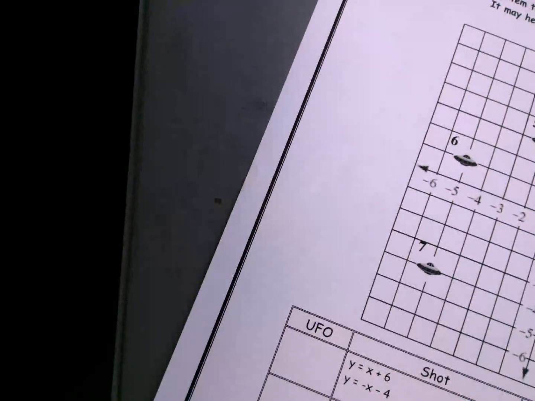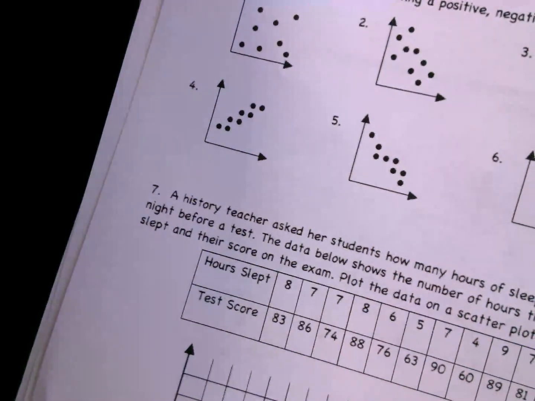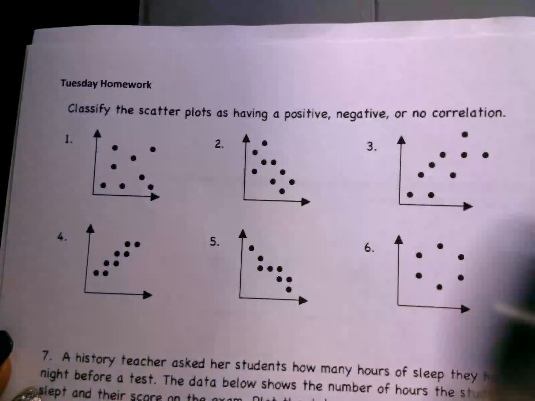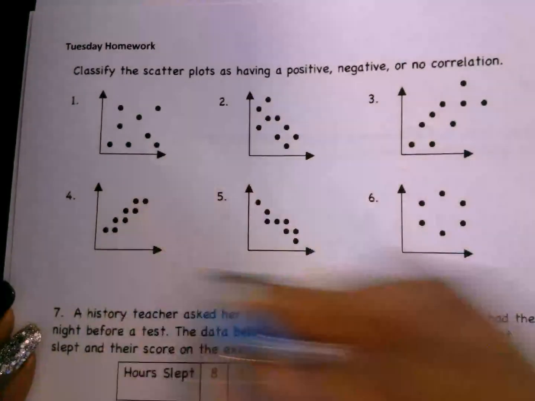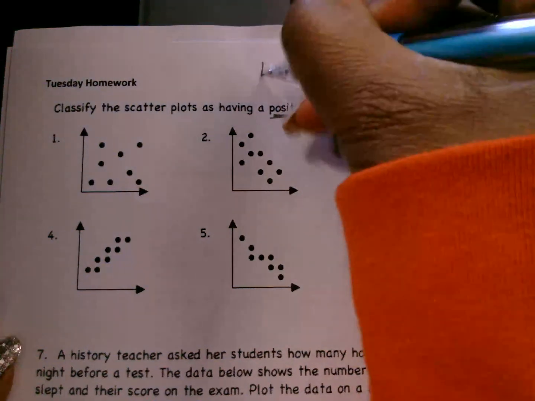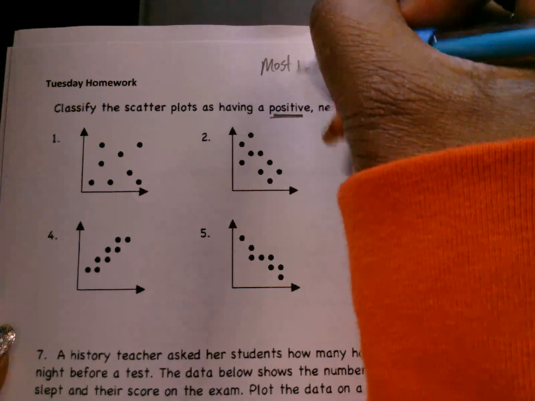Oh, before I forget, with the homework, this one's an easy homework. If you're labeling the scatter plots, if it has a positive relationship, that means most of the points are going up.